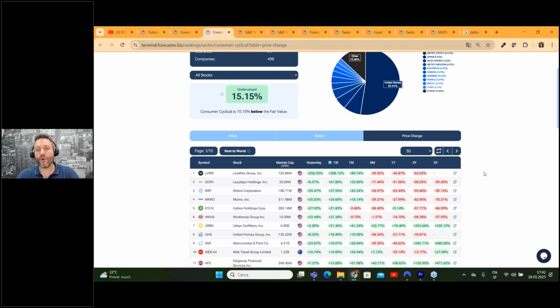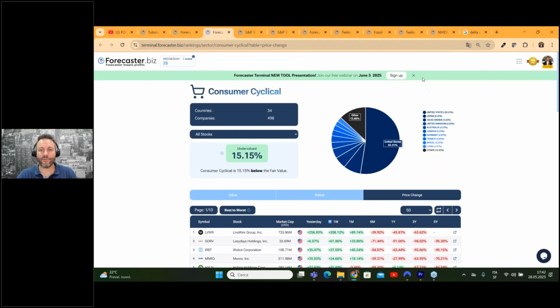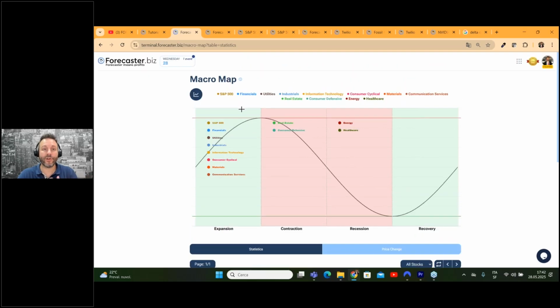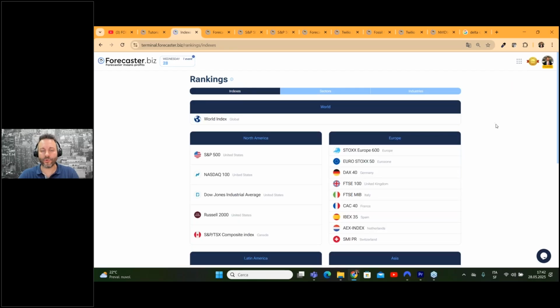Okay, you have many ways to use the forecaster terminal, and starting from the macro map is a very interesting method to find opportunities. Okay, of course, the last tool I would like to show you is the rankings.